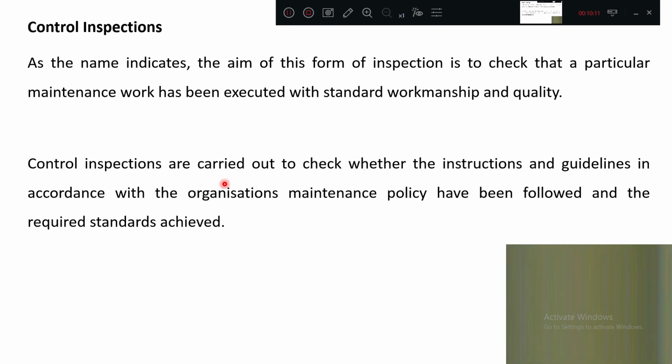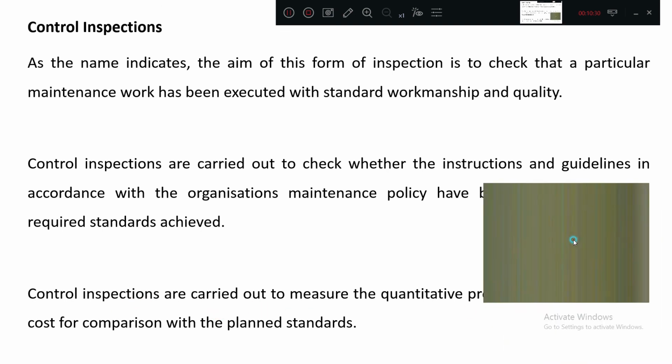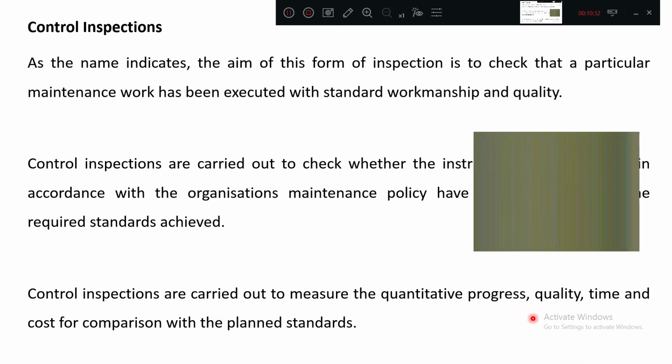Control inspections are carried out to check whether instructions and guidelines are followed or not. So maintenance policy will have some instructions, guidelines, and some standards. Whether all these things are followed or not, to check that one, we have control inspection. Control inspections are also carried out to measure the quantitative progress, quality, time, cost.